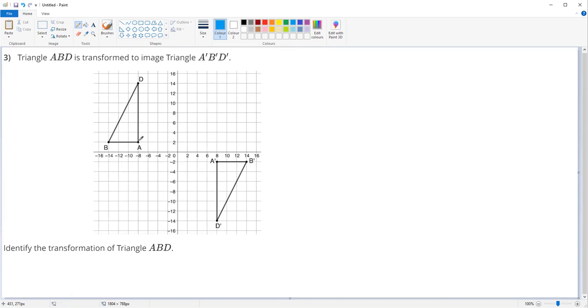So A is (2, -8). A prime is (8, -2). So did the y's change? Did the x's and the y's flop?